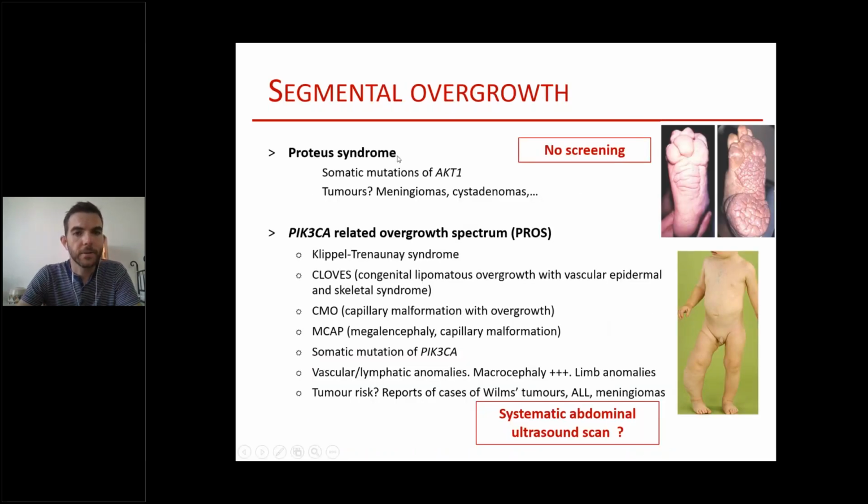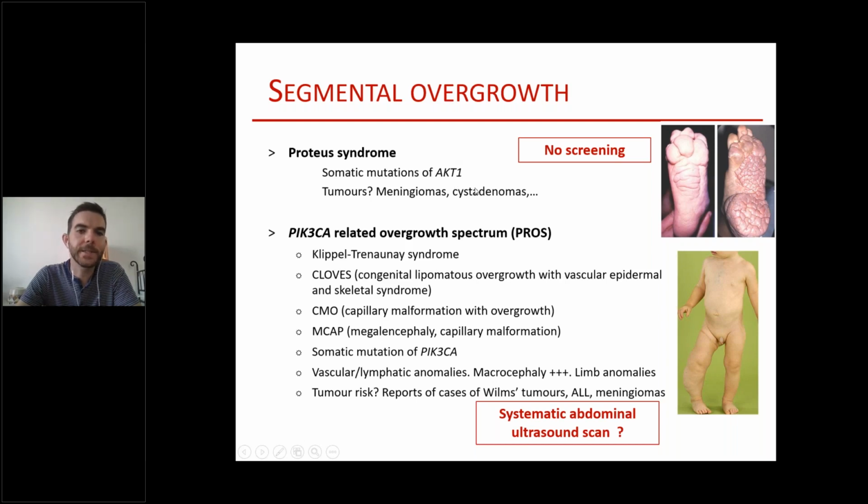Other segmental overgrowth syndromes have been described more recently. They have been described for years, but the molecular mechanism has been identified quite recently. So, for example, for the Proteus syndrome, which is caused by anomalies of the skin and the vessels, Proteus syndrome is usually due to somatic mutations of the AKT1 gene.